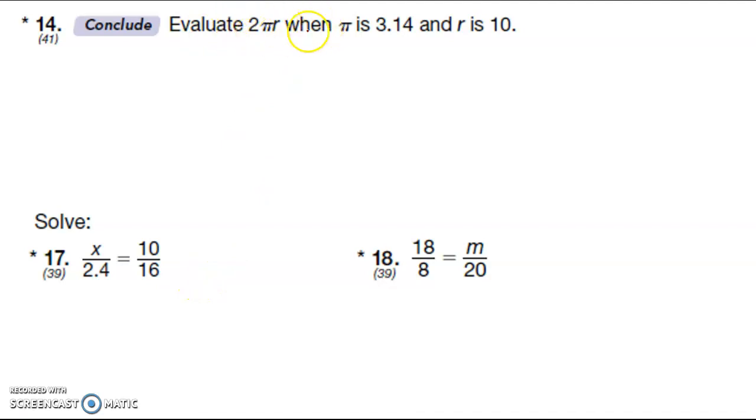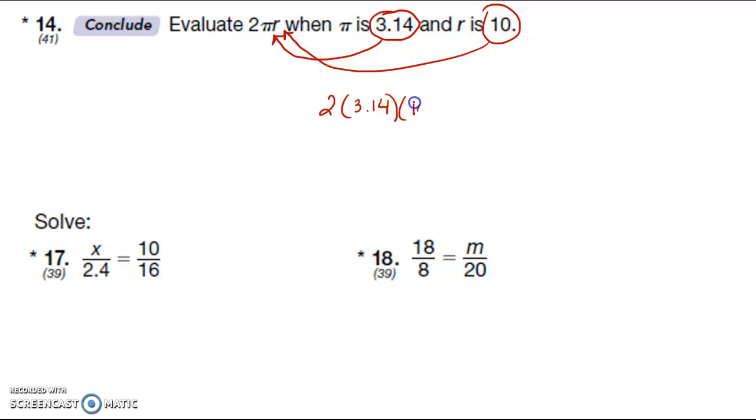Okay, so this is what we've just learned in our practice set. And I'm going to plug this in for pi and plug this in for r. So I have 2 times 3.14 times 10, which is 62.8.